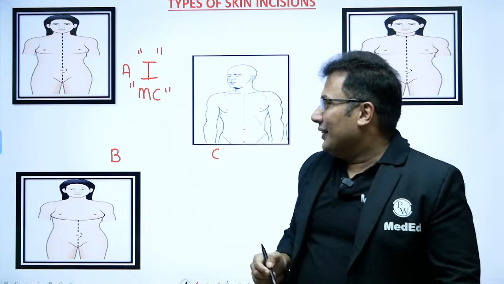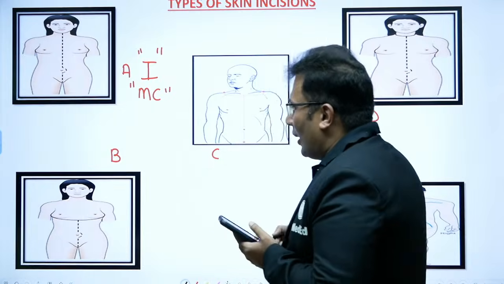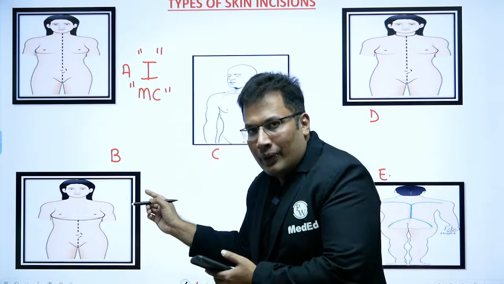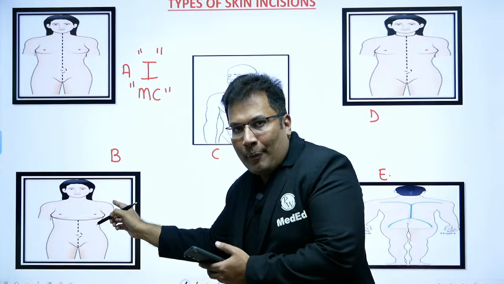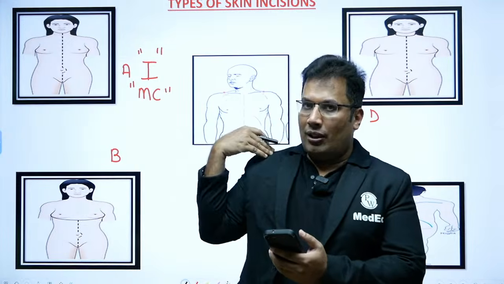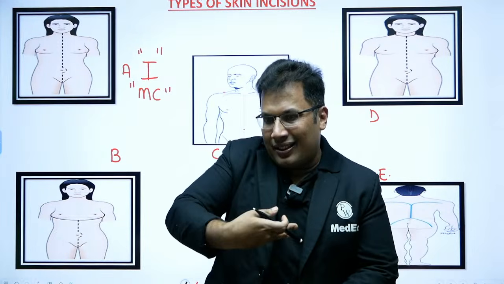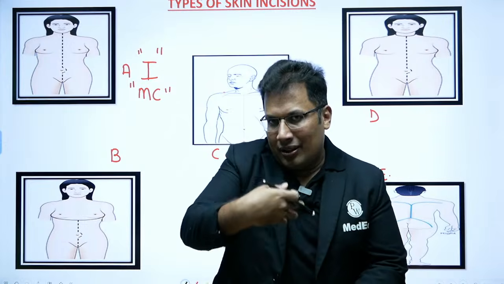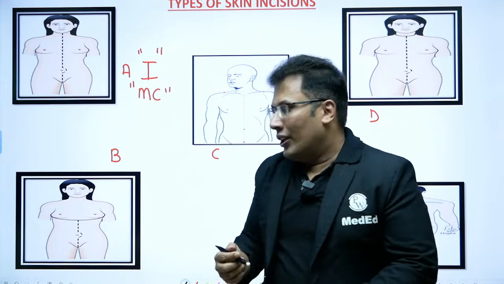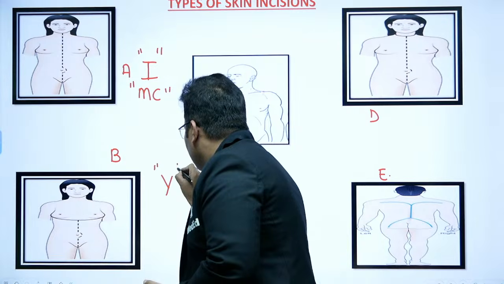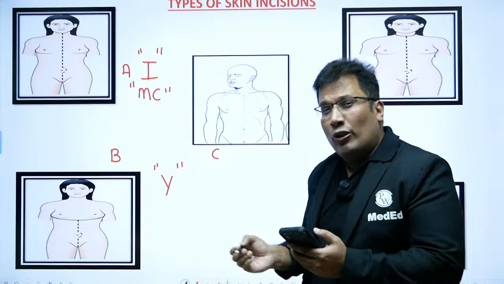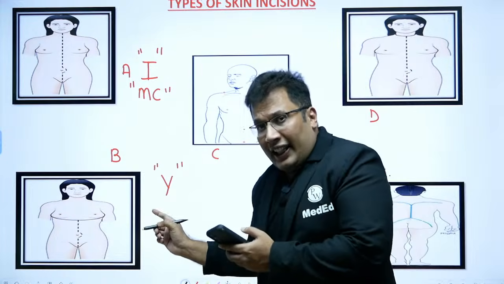So this is I. And the second one, what you can see here, from the acromion, the undersurface of the breast, and to the midline. So this is known as Y-shaped incision. Again, there is a lot of confusion. So this is what is given in Parikh and Reddy.